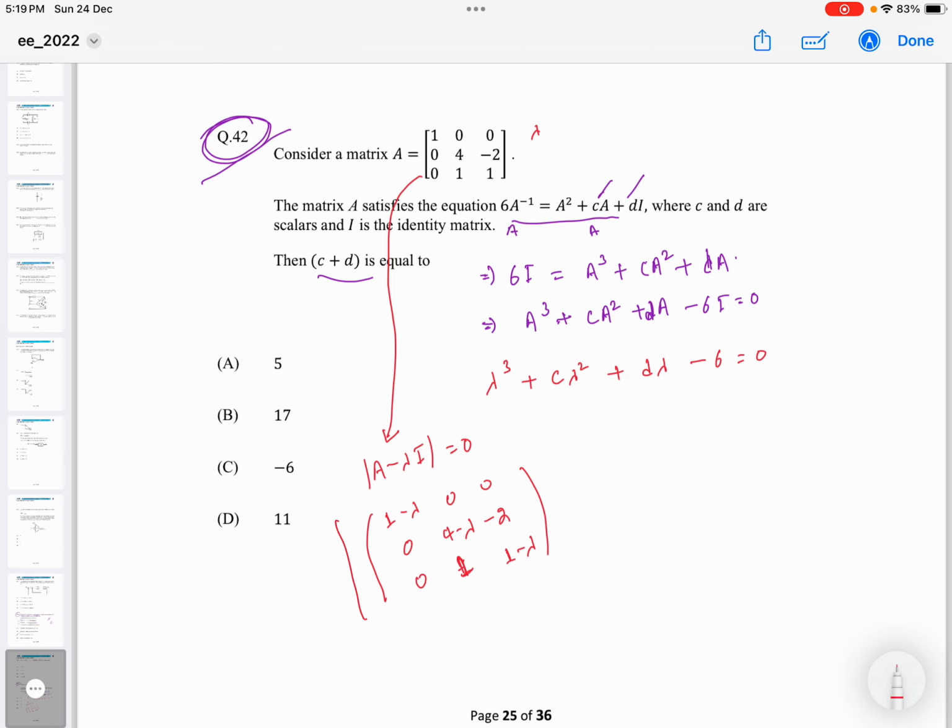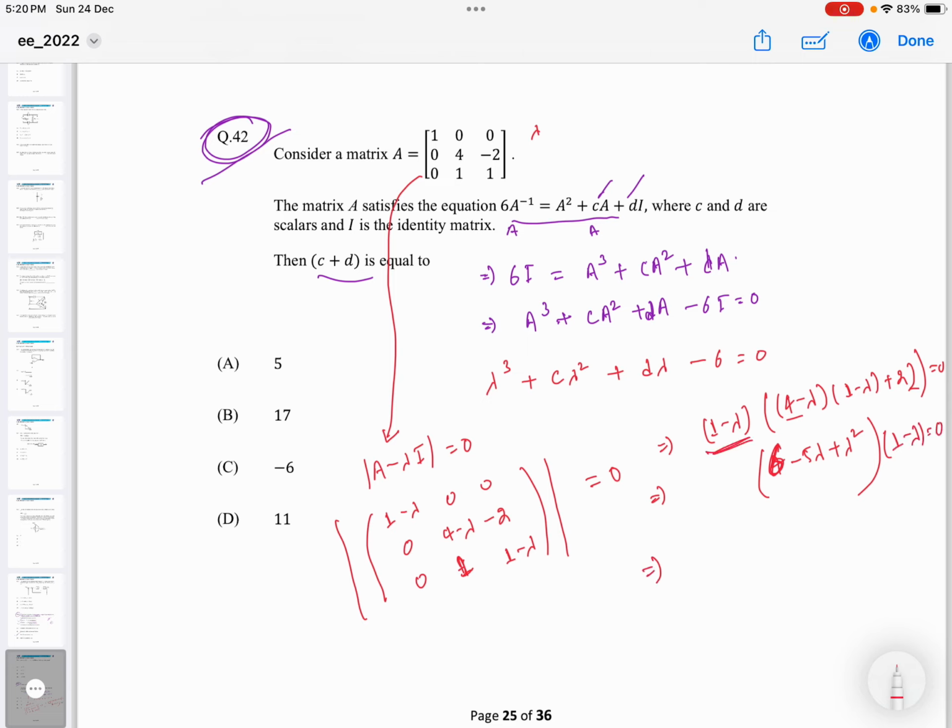Now take the determinant and equate it to 0. That is 1 minus lambda times the quantity 4 minus lambda times 1 minus lambda plus 2, equal to 0. We can write this as 4 minus 5 lambda plus lambda squared, and 4 plus 2 is 6, so 6 minus 5 lambda plus lambda squared, times 1 minus lambda, equal to 0.